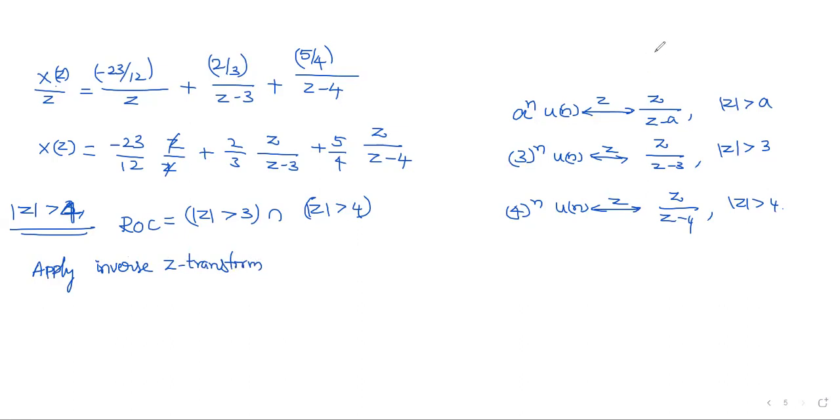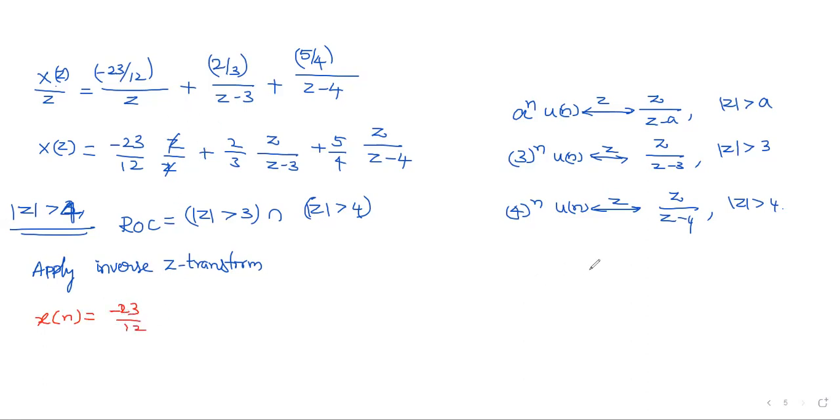If you apply the inverse Z transform, what will we get? X of n is equal to minus 23 by 12.